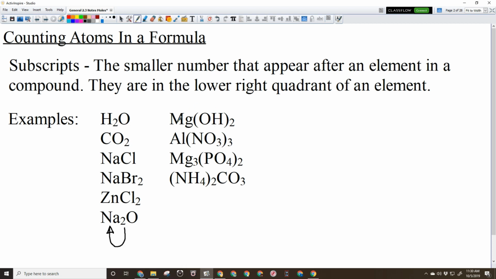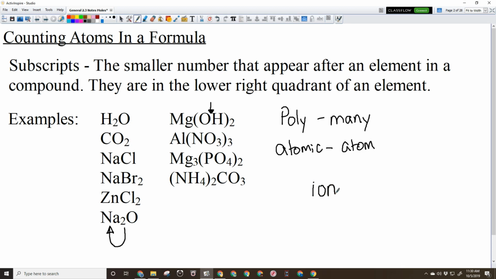All right, so now let's look at the ones where you have parentheses. This is a little bit different. When we use parentheses, it's because this right here is what's called a polyatomic ion. That word poly means many, or in this case, more than 1. And atomic refers to atoms. So it's many or more than 1 atom that is bonded together that acts like an ion.